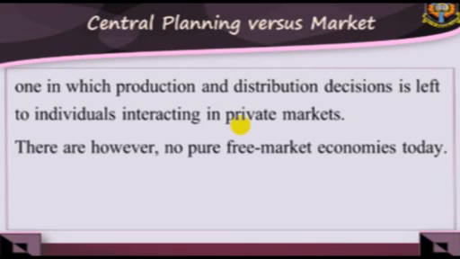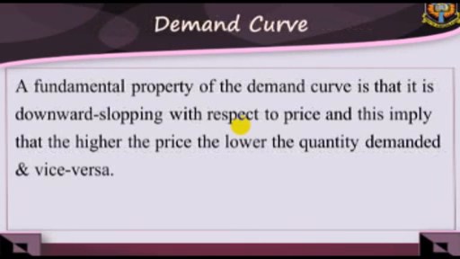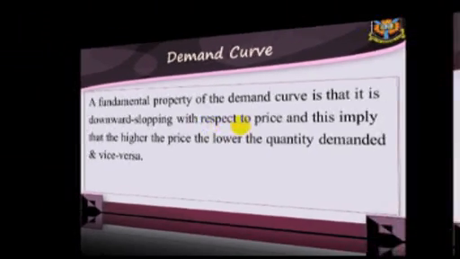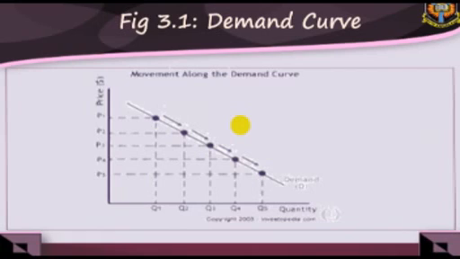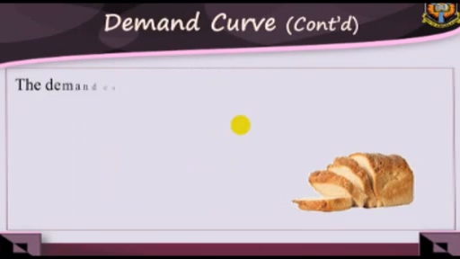A fundamental property of the demand curve is that it is downward sloping with respect to price. For example, the demand curve for bread tells us that as the price of bread falls, buyers will buy more. This is depicted in figure 3.1.